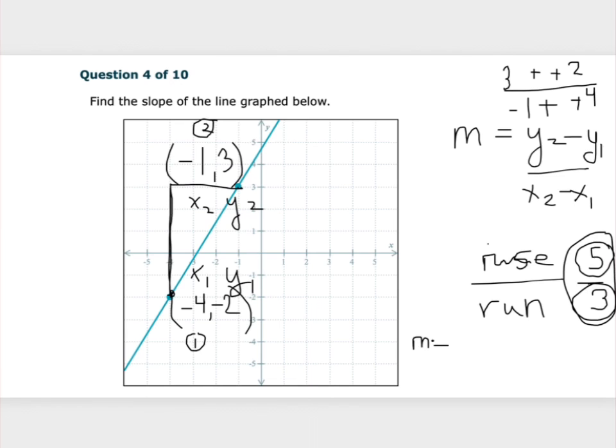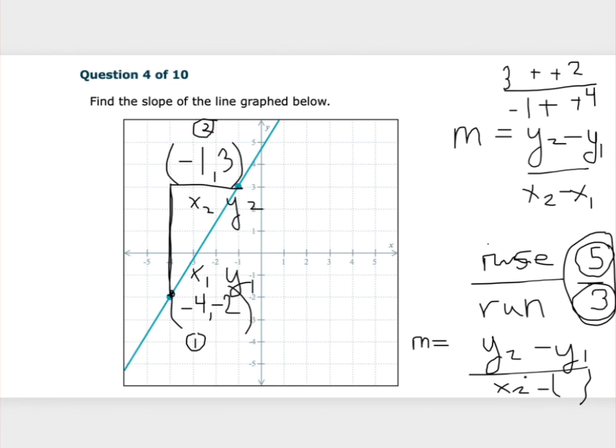M equals y2 minus y1 over x2 minus x1. Okay, so when we're sliding these in, we're going to take the x1 out, and we'll get a little parenthesis, and we'll put the x1 back in.